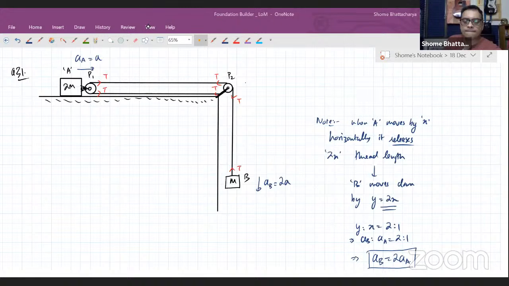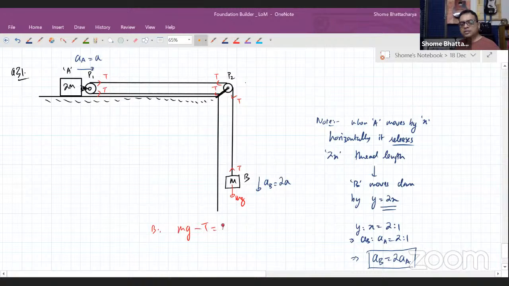Right. So let us look at the substitution of the equations. For the block B, you can see that mg minus T is equal to mass into acceleration, which is 2a.